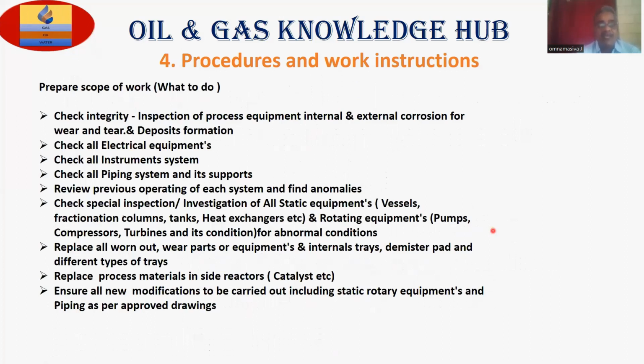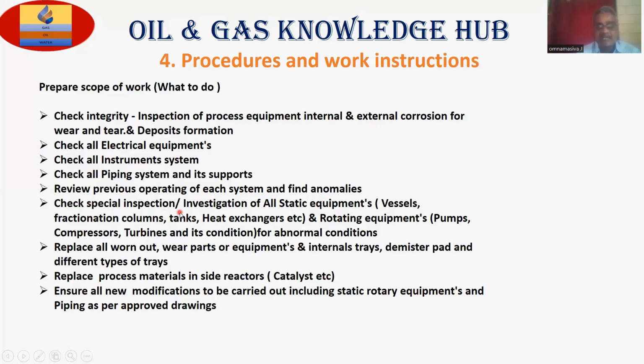Prepare the scope of work first. What to do? Check integrity, inspection of process equipment, internal and external corrosion, wear and tear, and deposits formation. Check all electrical equipments, check all instrument systems, check all piping systems and their supports, review previous operating of each system and find anomalies.